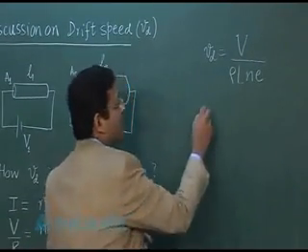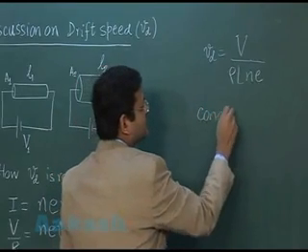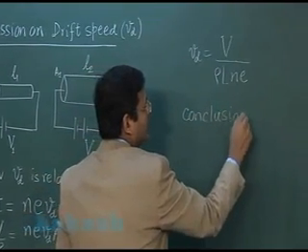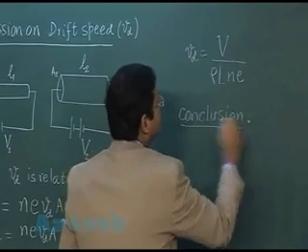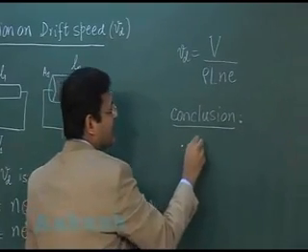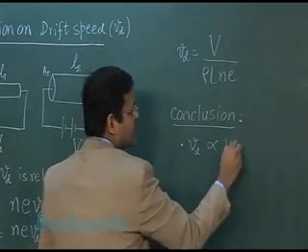So the conclusion is that drift speed is directly proportional to voltage change.